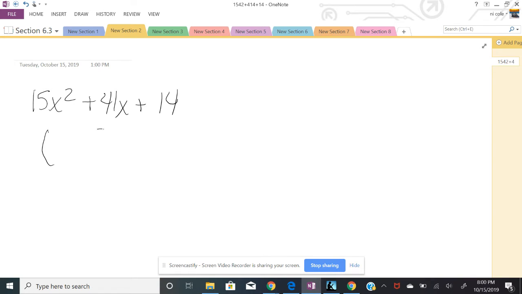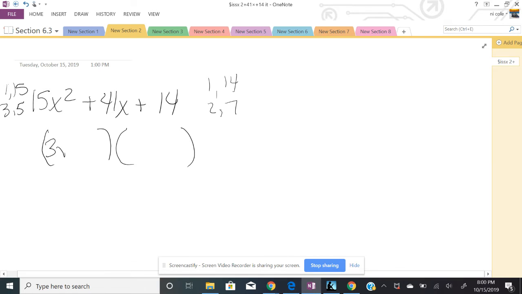You're going to start off by making your 2 pods. What makes 15? 1 and 15, or 3 and 5. What makes 14? 1 and 14, 2 and 7. I always choose the ones that are the closest together. It may or may not work correctly, but that's where I like to start.